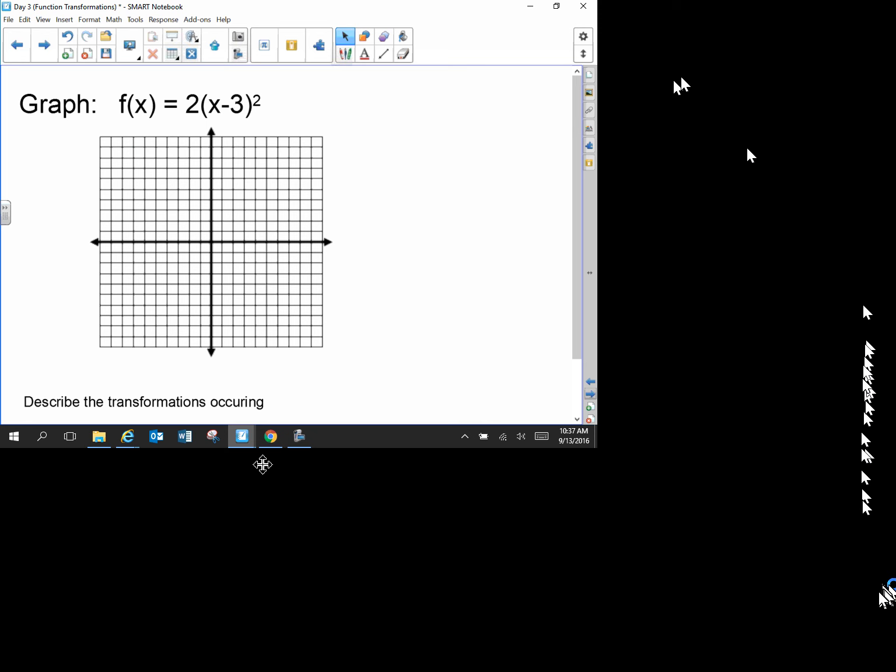When we look at this in vertex form, where our vertex is our h and our k factors, we set what's on the inside equal to 0.